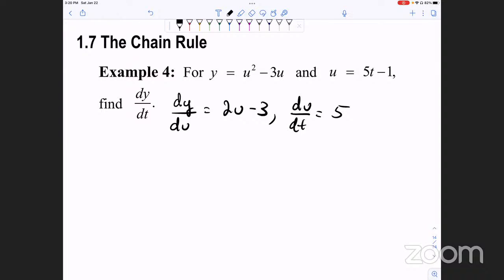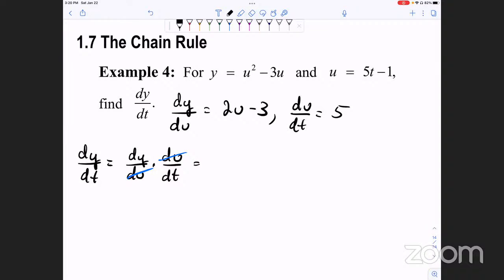So if we want the derivative of y with respect to t, that's going to come from the derivative of y with respect to u times the derivative of u with respect to t. Essentially, these units are going to cancel, and that'll put it in the form that we need.